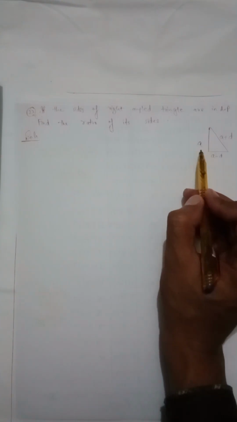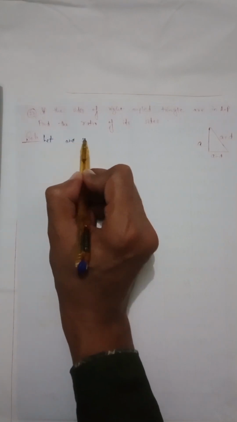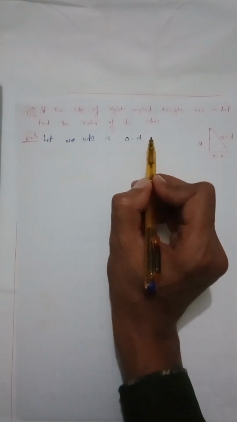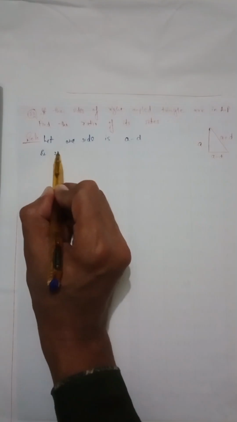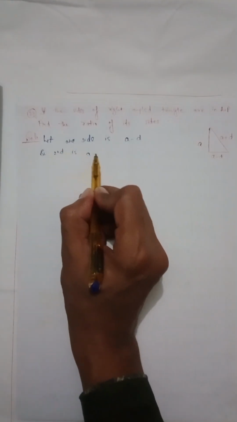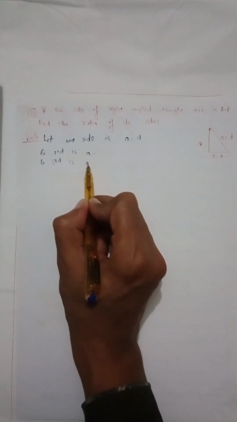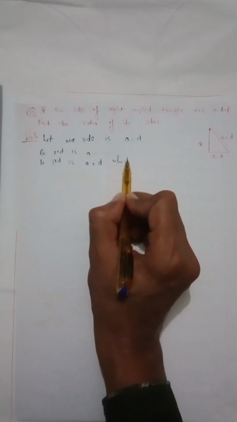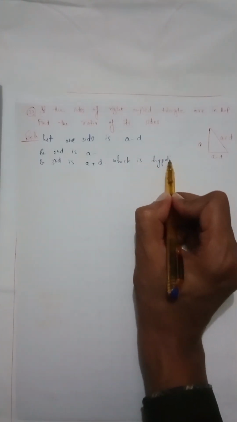Let one side be a minus d, second is a, and third is a plus d, which is the hypotenuse.